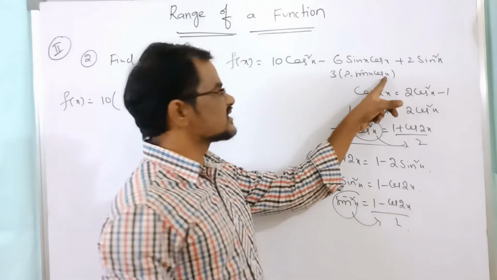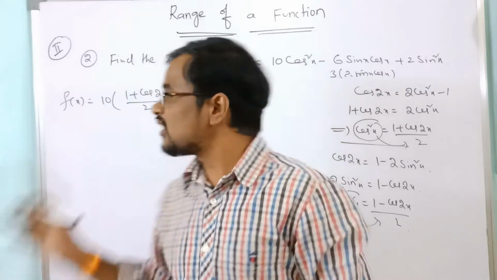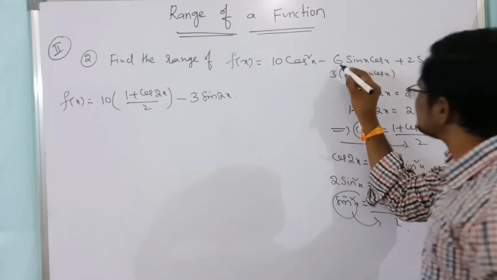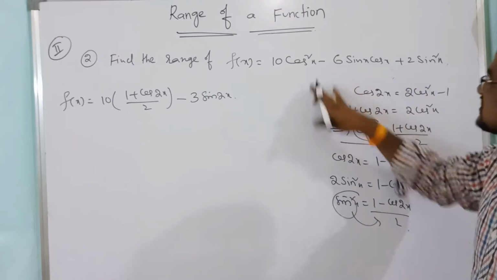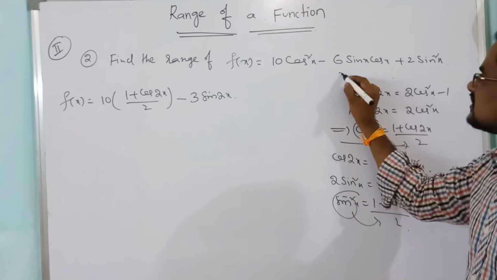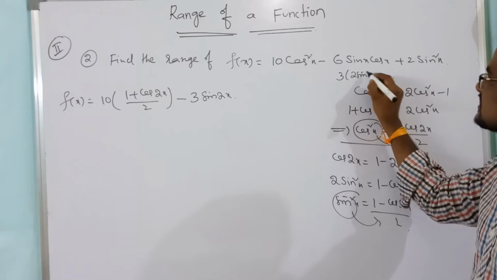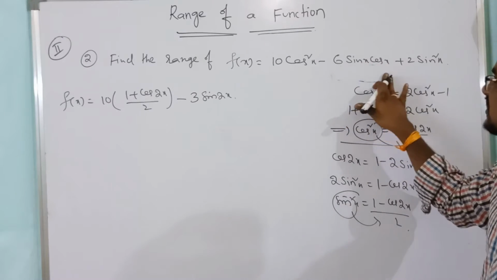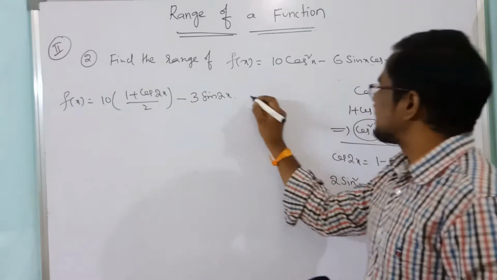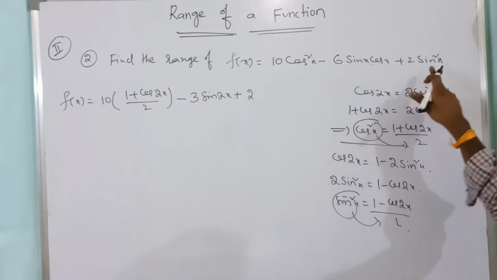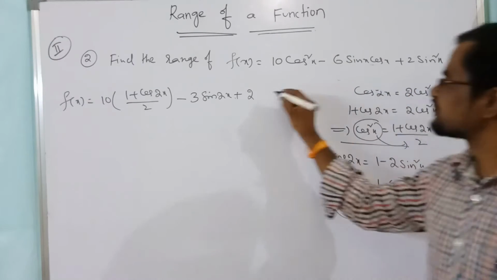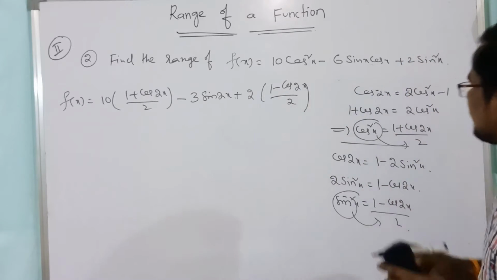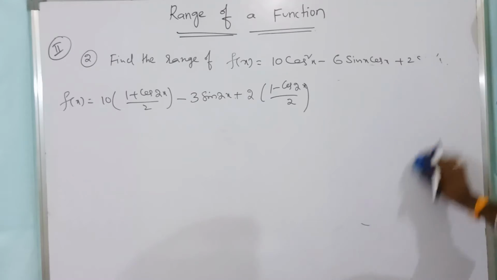So 6 cos x sin x is 3 into 2 sin x cos x, and 2 sin x cos x is sin 2x. So 3 into sin 2x, plus 2 into sin square x, which is (1 minus cos 2x) by 2. Now simplify this one.